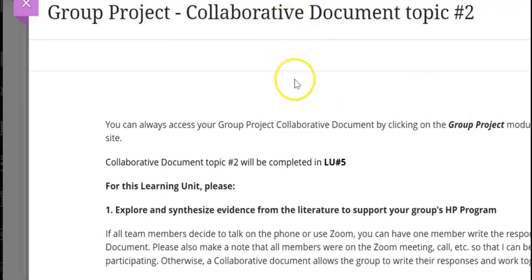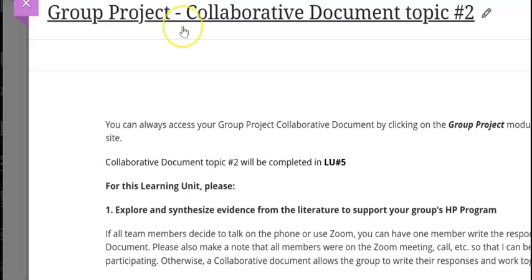So every week, just so you know, every week I move your collaborative document to the next week. So if you get on early Monday morning to do your collaborative document, it may still be in the previous week. I will try my best to get that moved down. So I just move the whole folder every week. So again, if that makes sense to you, every week or most weeks over the next couple of weeks, we are going to be working on the collaborative document.